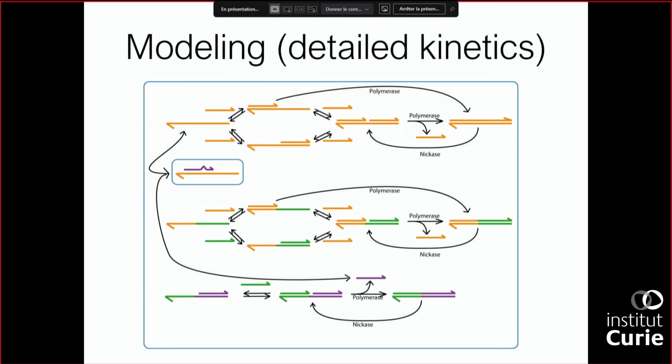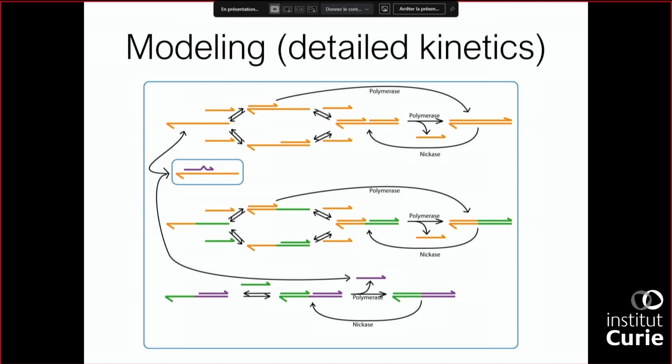And then what you need now is kinetic parameters. So you have two types of reactions. Some involve enzymes, and some are just DNA hybridization reactions. For simple DNA hybridization reactions, it's possible to directly compute the rates, or to get some good computational estimates of all rates. So you don't need to measure them.